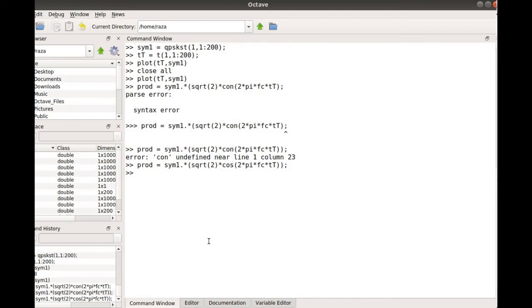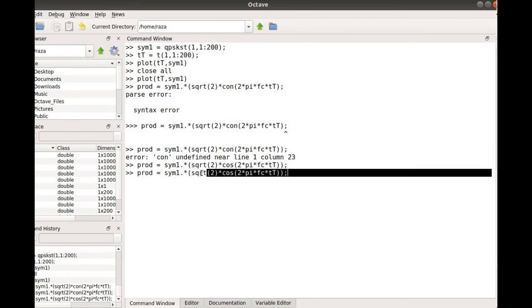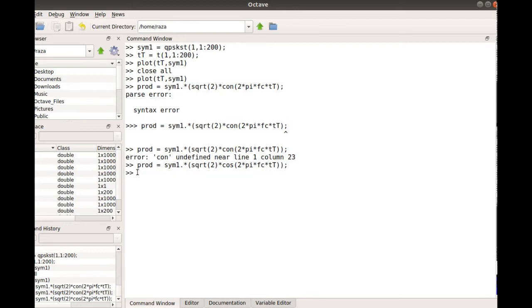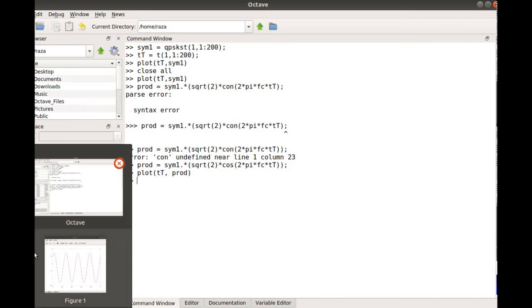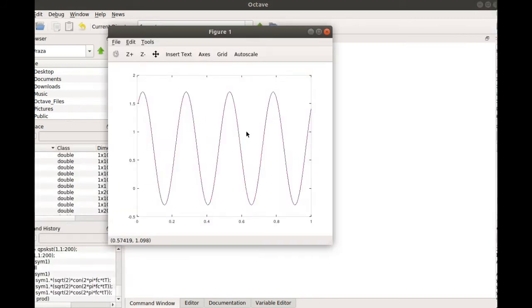Let's see how it looks. Let me plot this signal, and see how this product looks. So this is from 0 to 1, and this is our product.